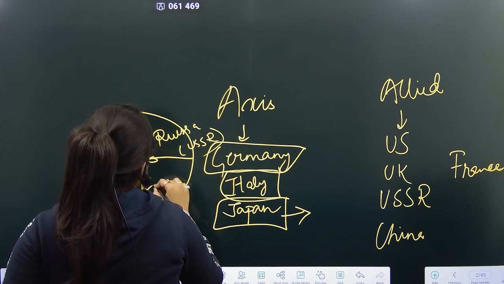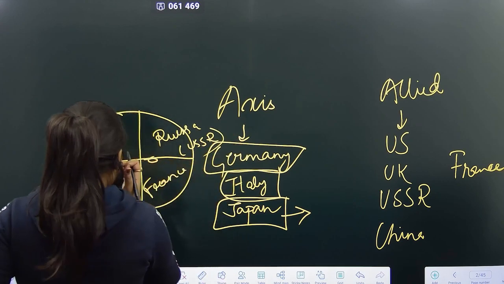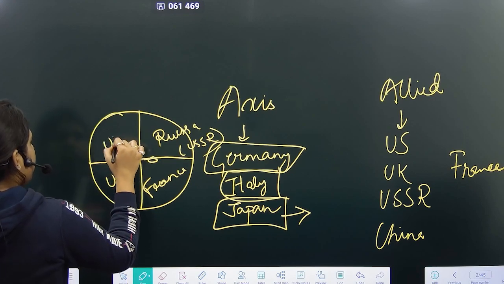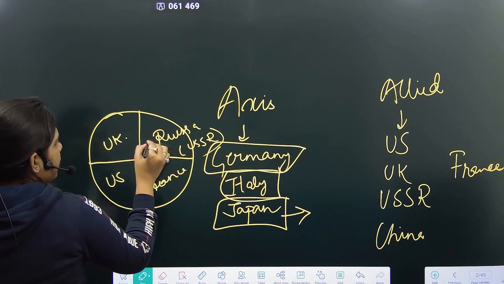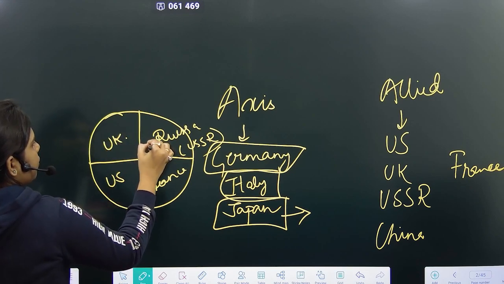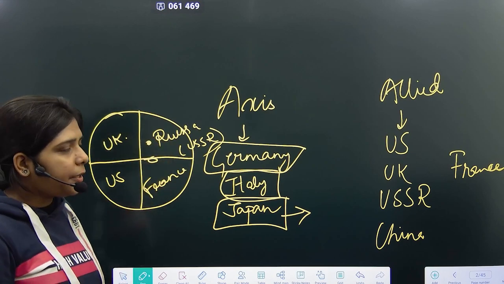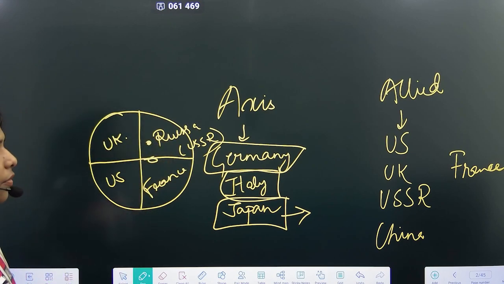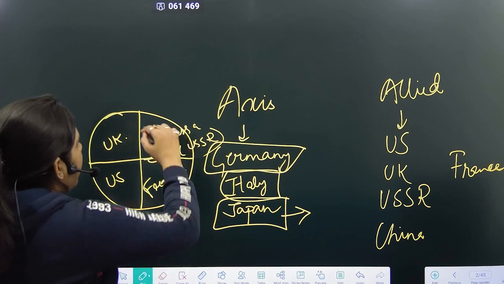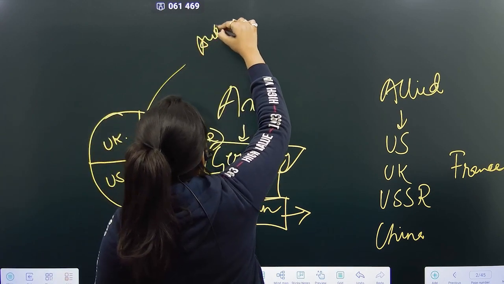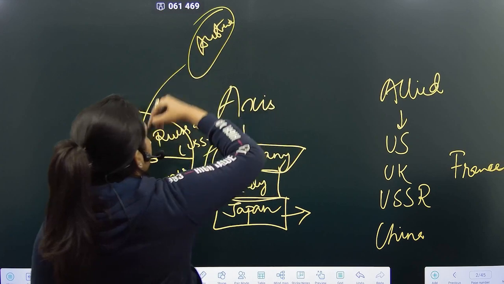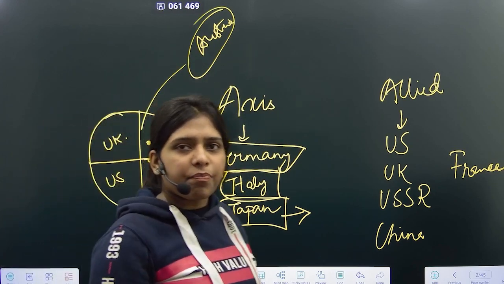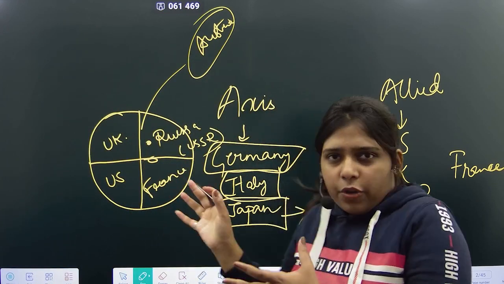We had France, US, and UK. This zone itself has Berlin also, and about Berlin we'll discuss a little later. A similar thing happened with Austria as well. Austria was also divided into four zones.